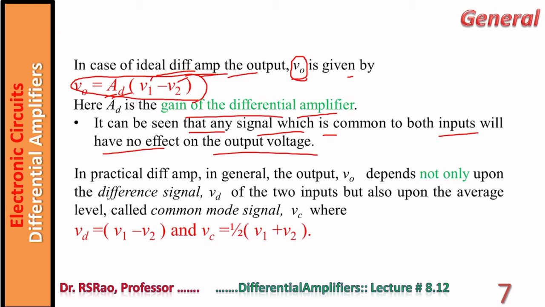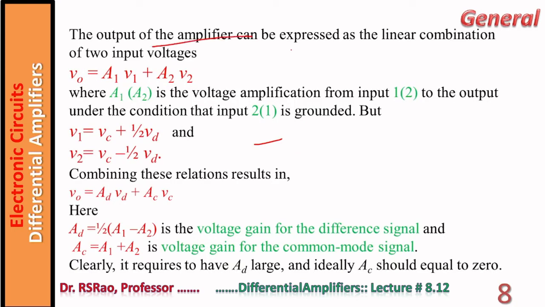Notice this particular mathematical statement can be considered as the defining expression of an ideal differential amplifier. In a practical differential amplifier, in general, the output V0 depends not only upon the difference signal Vd of two inputs, but also upon the average level called the common mode signal Vc, where Vd is equal to V1 minus V2 and Vc is the average of V1 plus V2.